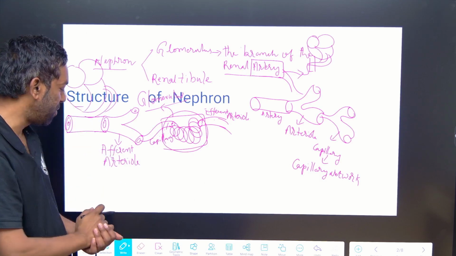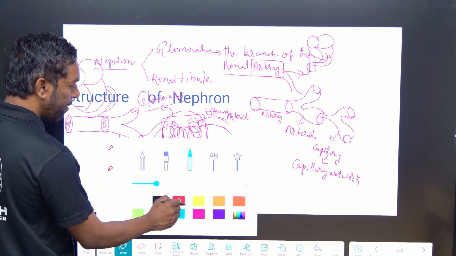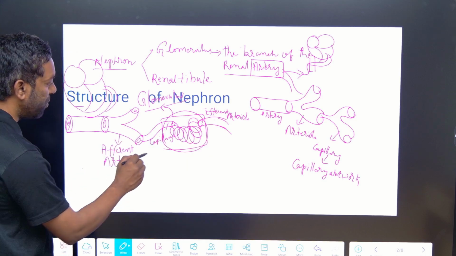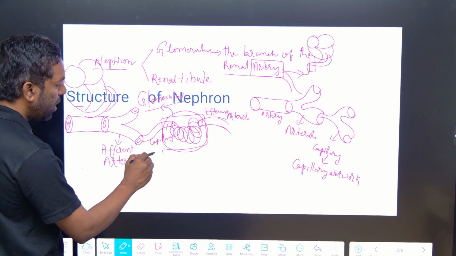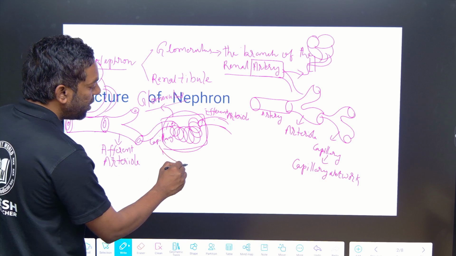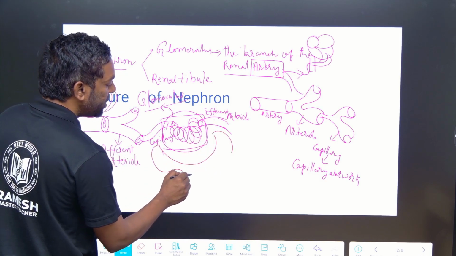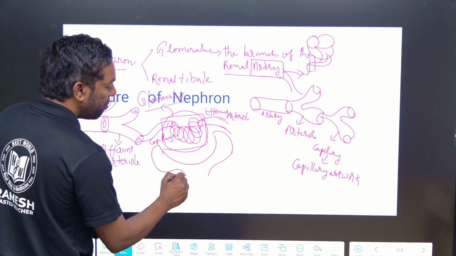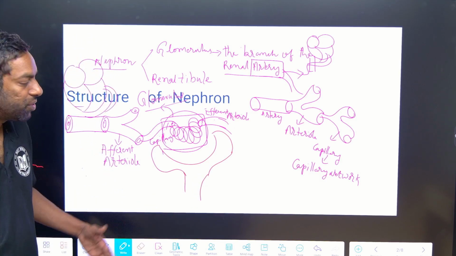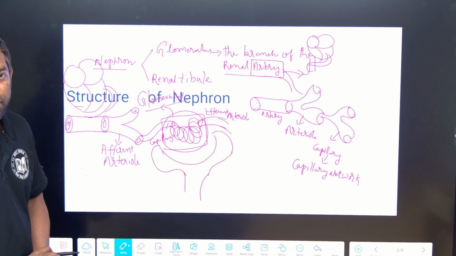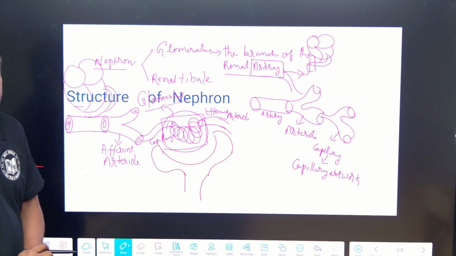Coming to the renal tubule, this is the capillary network, and this is the Bowman's capsule, which is made of epithelial tissue.